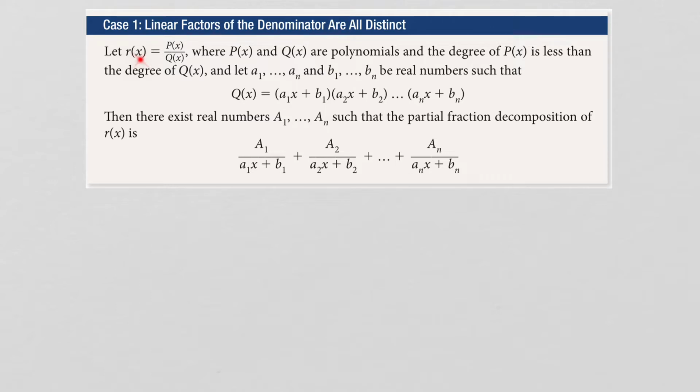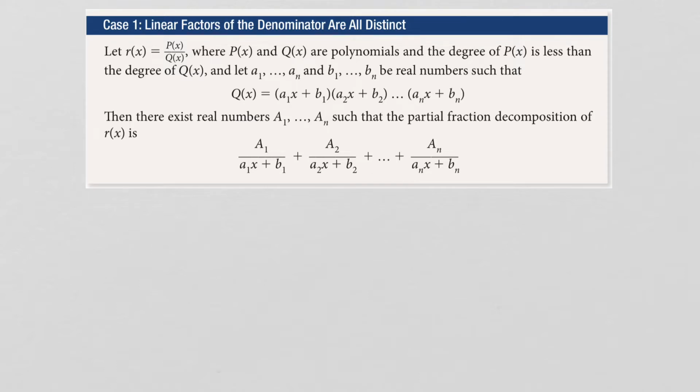So if we have a rational function p of x over q of x, where p of x and q of x are polynomials, and the degree of p of x is less than the degree of q of x, and if we let all of these a values and b values be real numbers, and if q of x is the product of these distinct linear factors, then there exists real numbers a1 to an such that the partial fraction decomposition of r of x is the following.